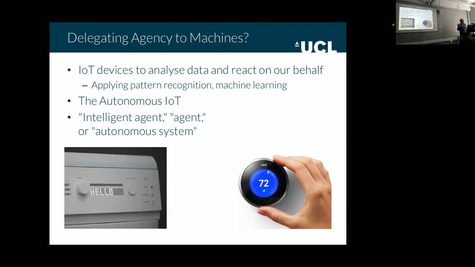So an airplane autopilot falls under that definition, as well as drones. But the kind of systems that I got interested in are instead things like smart appliances, like smart washing machines and smart thermostats. On the slide, you see the Nest, which is one of the first commercially successful smart thermostats.